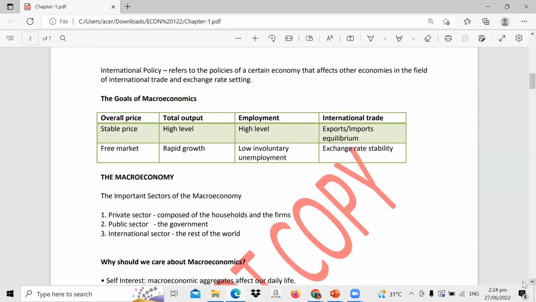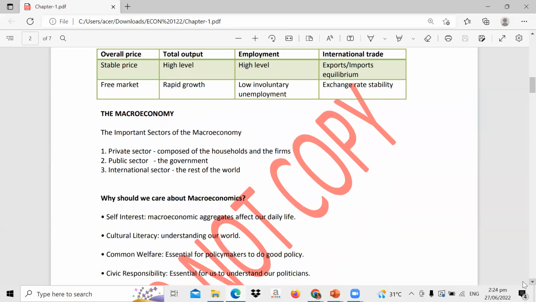Okay? And the important sectors of the macroeconomy, you have the private sector, the household and the firms, and then the public sector, you have the government in general, and then the international sector, the rest of the world. Okay? Affected ba ta?